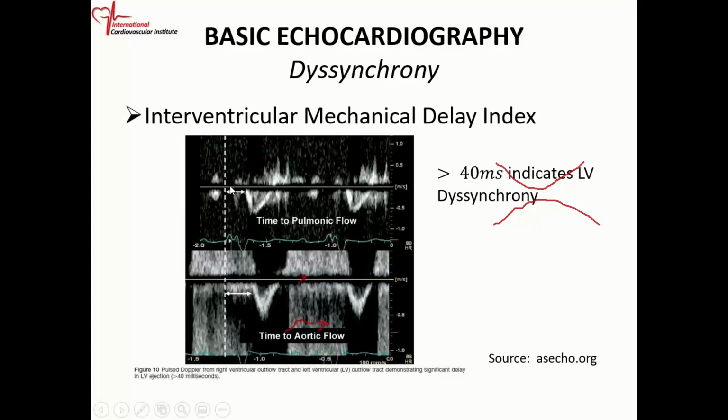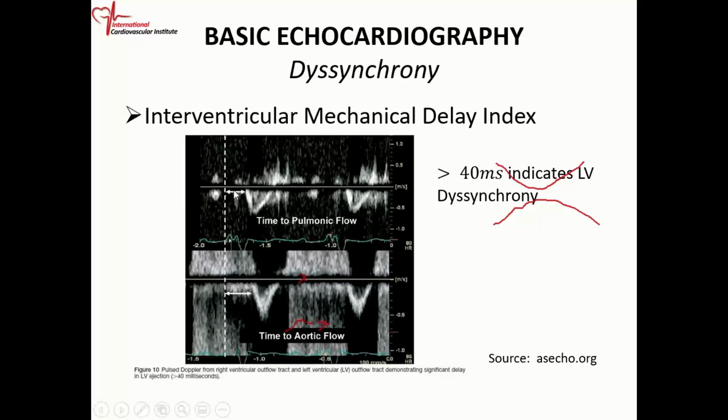So you're going to do Doppler across the right ventricular outflow tract, and you're going to match everything up to the ECG. From the onset of the QRS to where you have ejection across the pulmonary valve, this would be your IVRT, right? Sorry, this would be IVCT.